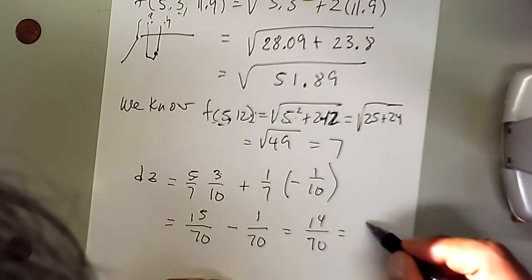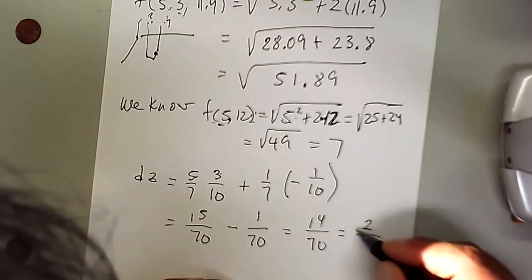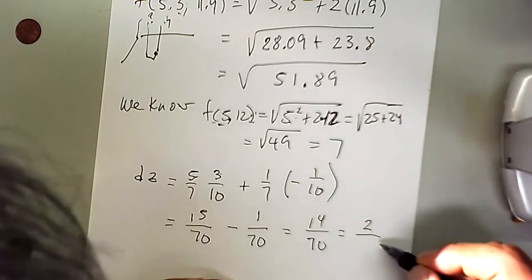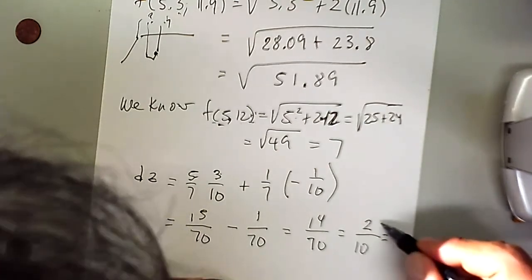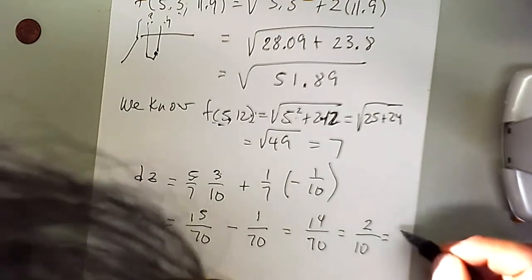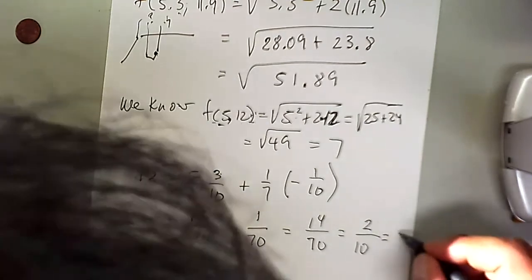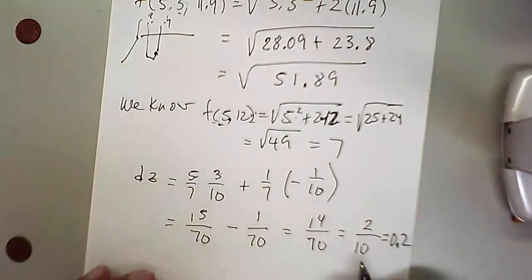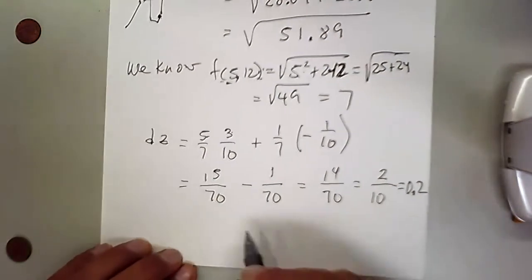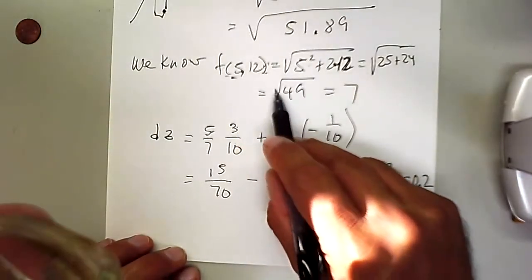So 7th out, that's 2. 2/10 is 1/5. Oh, that's 0.2. Yep.